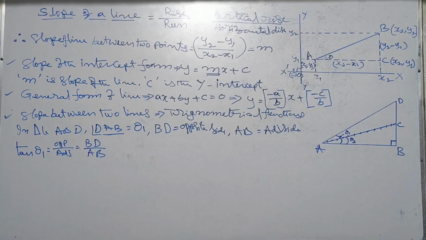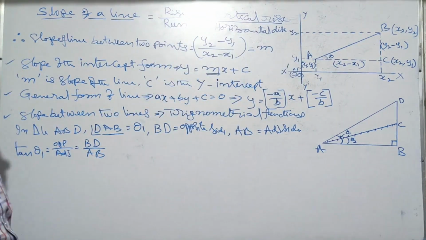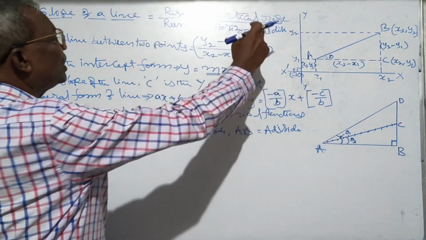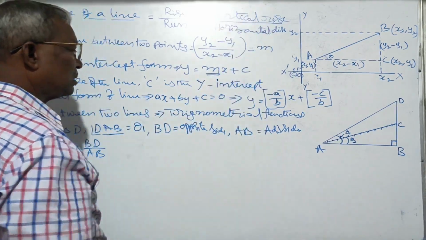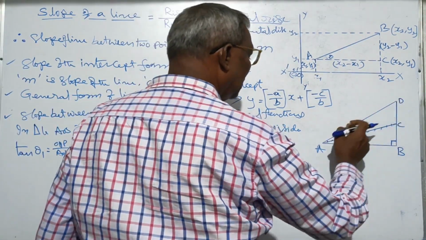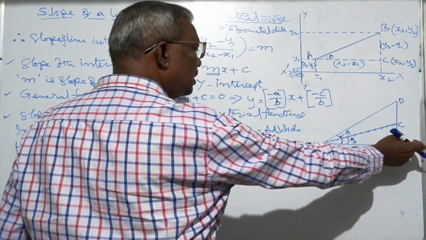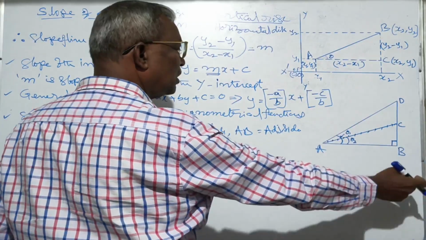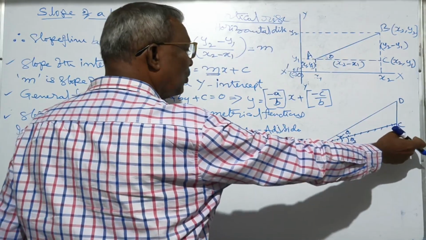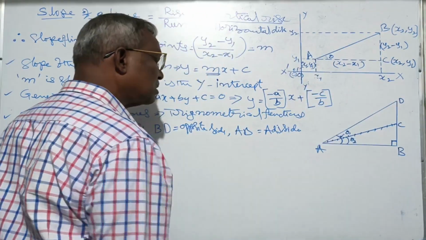Next, as per the general form of slope, rise by run, that is vertical rise by horizontal distance. Consider triangle ABD with angle theta 1. BD is the vertical rise, and AB is the horizontal distance.